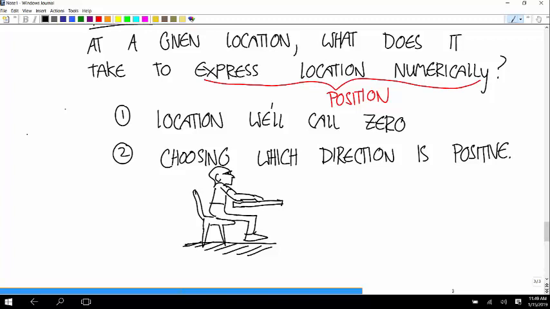Okay, so what does it take to represent that location numerically? Well, here's your center of mass. Let's say that the line that you're free to move along is like this, because this is motion along a line. So we're going to choose a point that's going to be our 0 position.